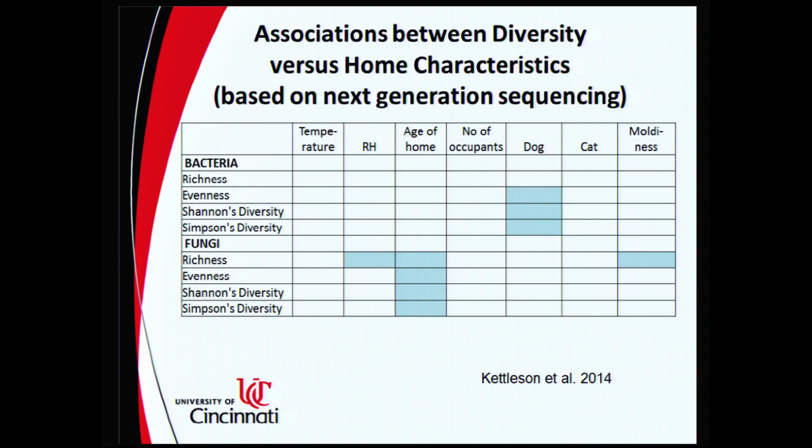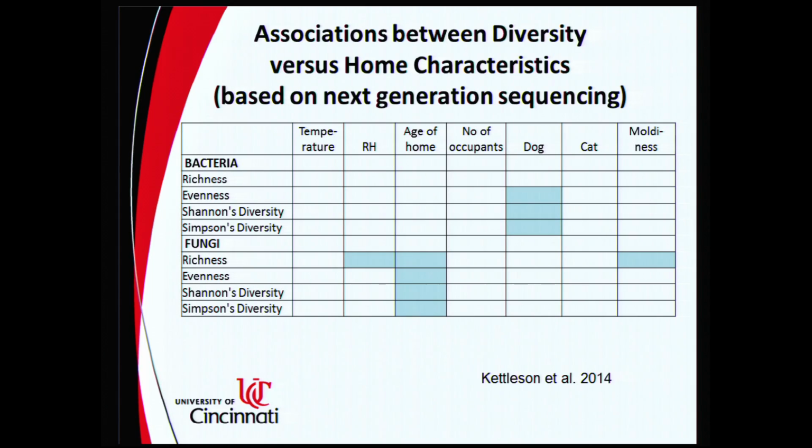So again, this is supporting what Shelley showed, and also I think Rachel Adams has also looked at the things that affect the diversity of the composition of indoor microorganisms.